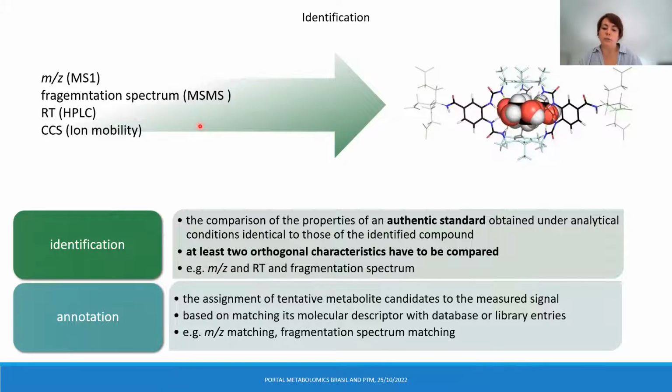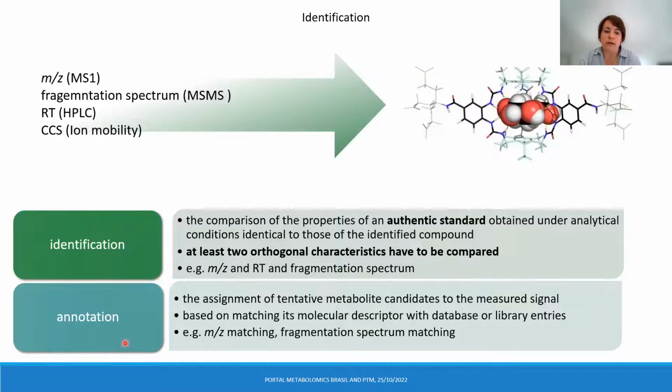So we have to use, for example, MS/MS fragmentation pattern and retention time, because MS/MS came from the mass spec and retention time came from HPLC. We can combine retention time information and CCS from the ion mobility, and the more orthogonal characteristics we put together, the higher confidence of identification we will achieve.